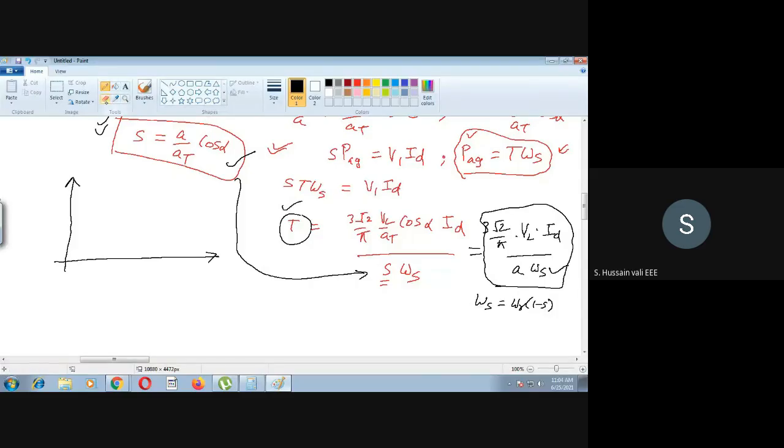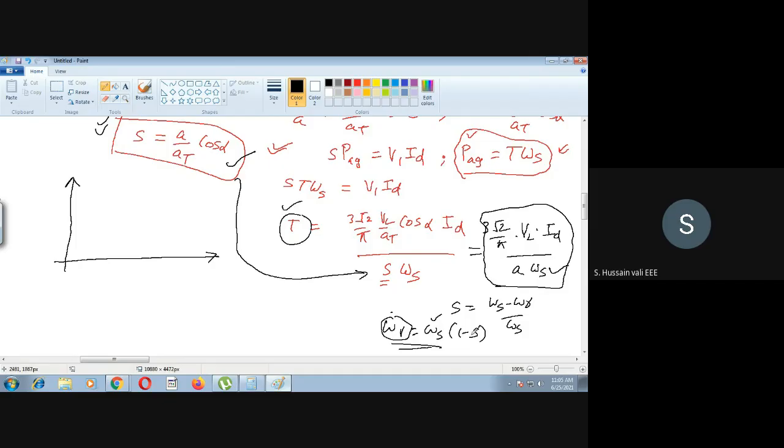I don't think so, it is not this relationship. Better I will use this equation: omega S minus omega R by omega S is the slip. Then omega R is equal to omega S into 1 minus S. That's it, so this is the relationship we got. From this we can convert omega S into omega R, that is the rotor speed.